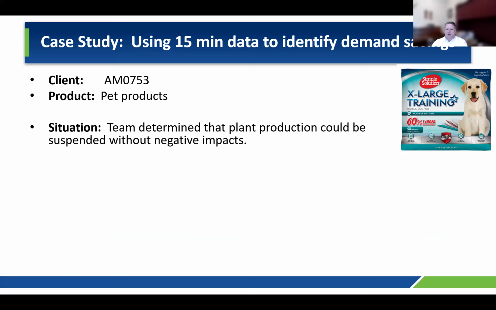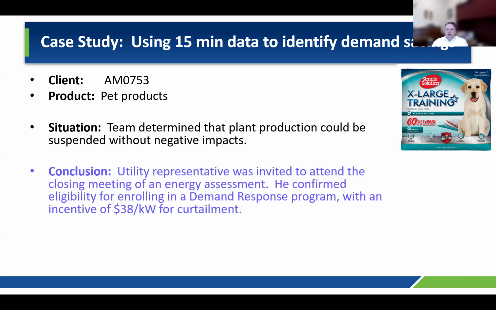Finally, this was a former client that made pet products. And in talking with the manufacturing team, they agreed that their production line could be paused without real negative impacts to product or product flow. And we invited their utility representative to be there with us on site. That utility representative confirmed that there was a demand response program available to them.